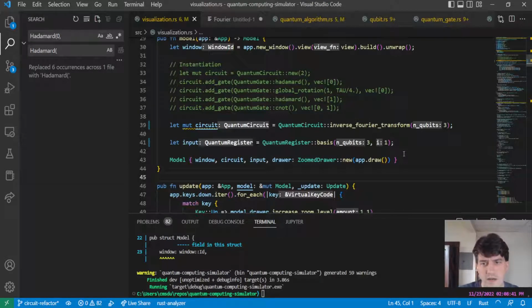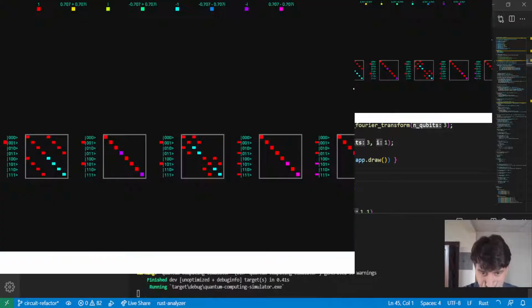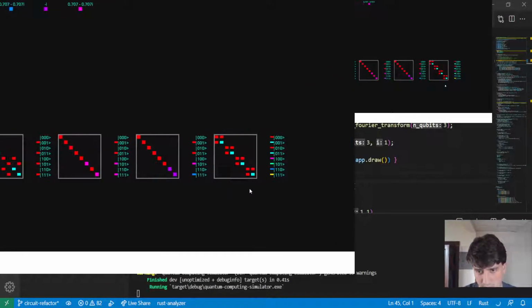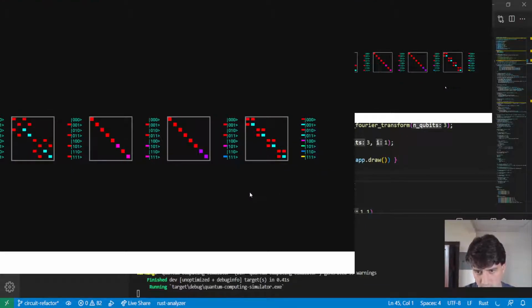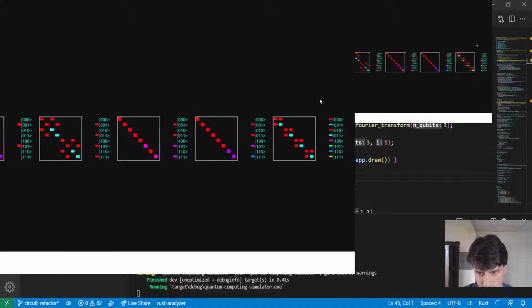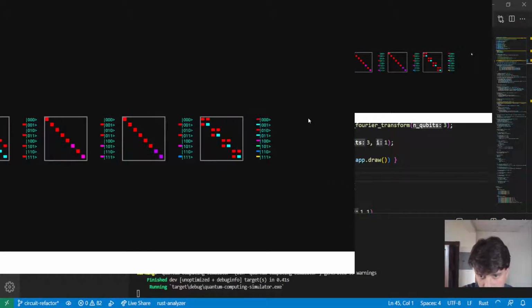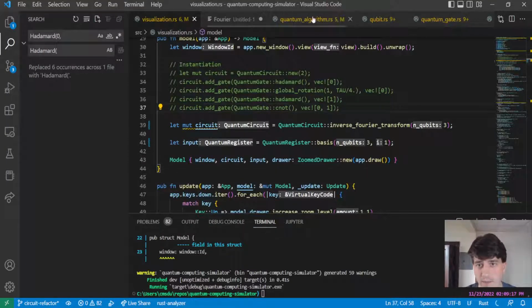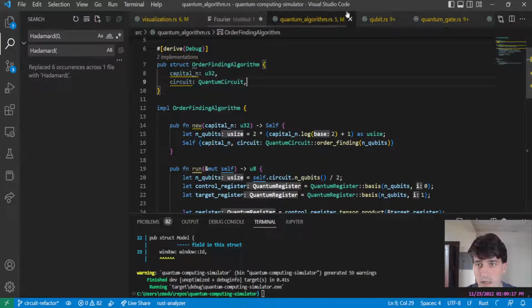Okay, cool. So I think the circuit looks how we expect it to look. I removed the permutation that we do at the end, and it doesn't really seem to have done anything. I mean, it did something, but I don't think it's a problem with the permutation, so I'm going to go ahead and put that back.